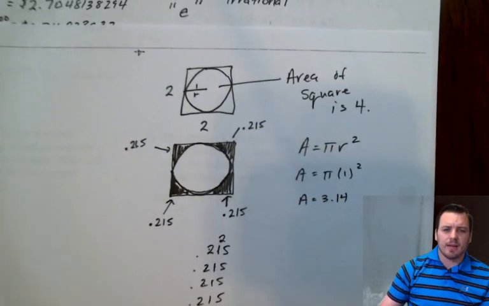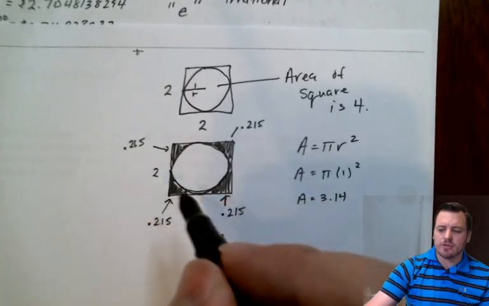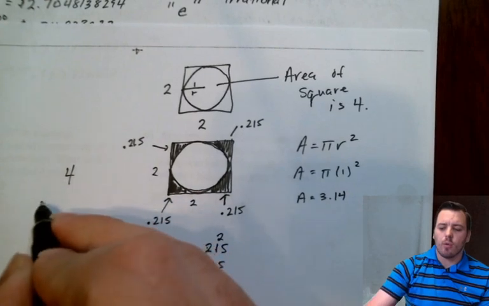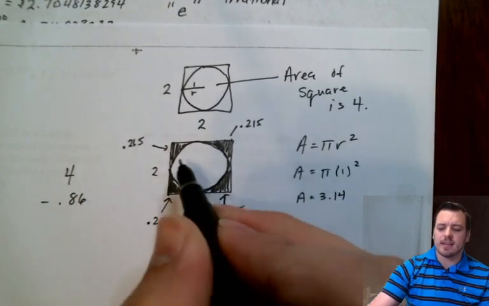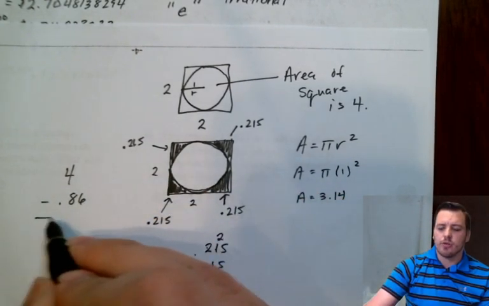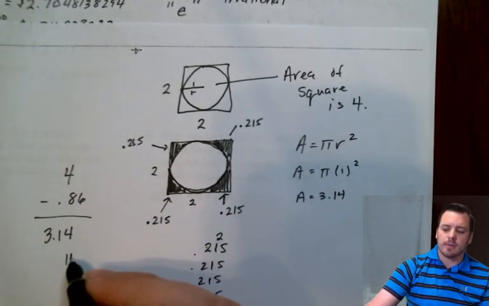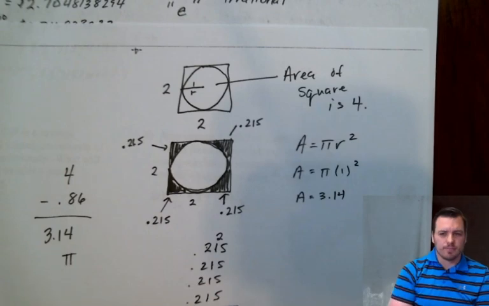Keep in mind, the original square is a 2 by 2 square, so the square has an area of 4, but once you take out 0.86 for the corners' area, you come to that 3.14. And ladies and gentlemen, that is where pi comes from.